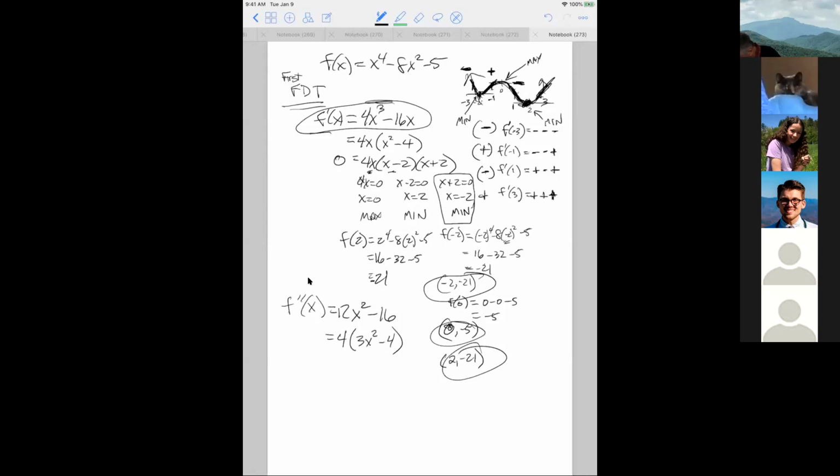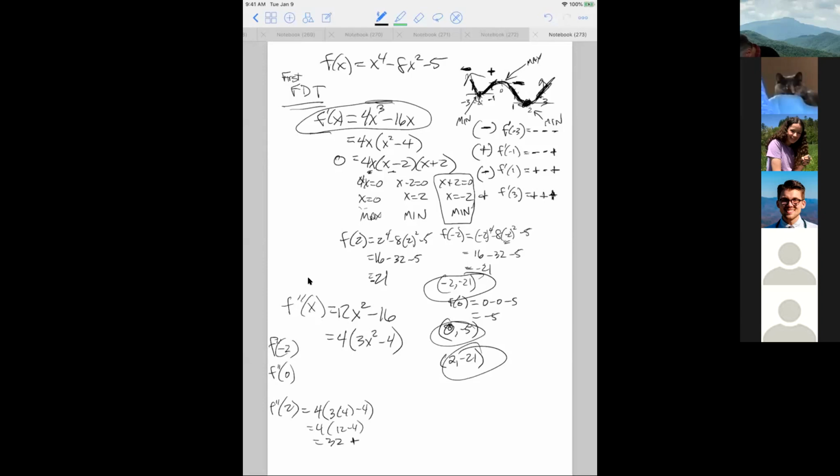So our critical points are -2, 0, and 2, so f double prime of -2, f double prime of 0, and f double prime of 2 will give us that information. F double prime at 2 gives us 4 times 3 times 4 minus 4, which is 4 times 12 minus 4, which is 32.